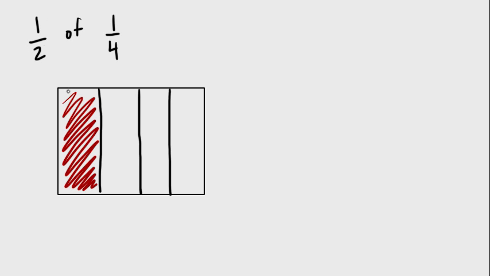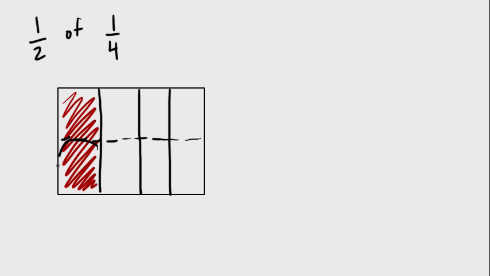And now we're going to take half of that. But if we split that in half, we need to split the whole thing in half. And we only have a fourth, so we only are going to take half of that fourth. So now we have a new whole that is 8ths, and we only want one of them, so it is 1/8.